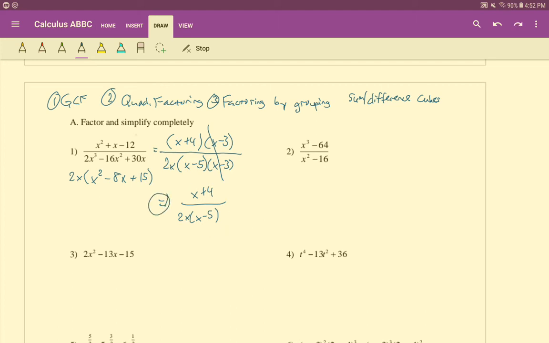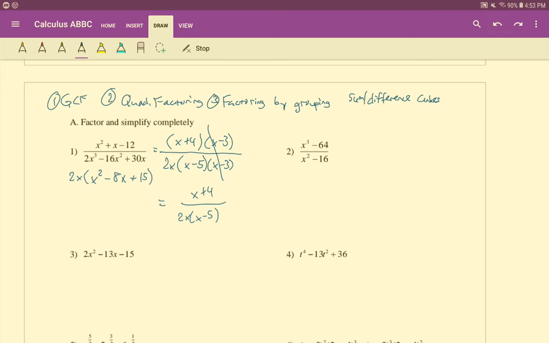We have this equal sign here indicating that they are equal, but they're not exactly equal. Why? Because if I plugged a 3 into this rational expression here, I would end up with 0 over 0. If I plug a 3 into this rational expression, I would not end up with 0 over 0. I'd get a number. That would be okay.